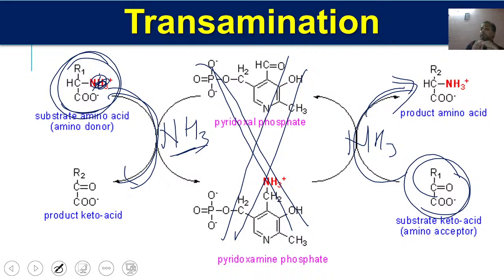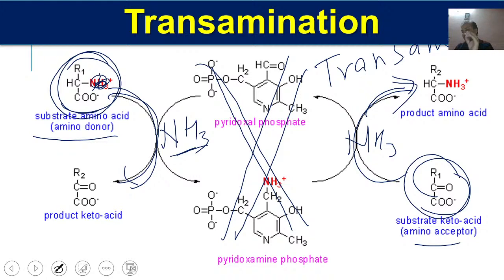For every pair of amino acid and keto acid that you form, a specific enzyme is required. The enzyme we require here is called the transaminase enzyme.